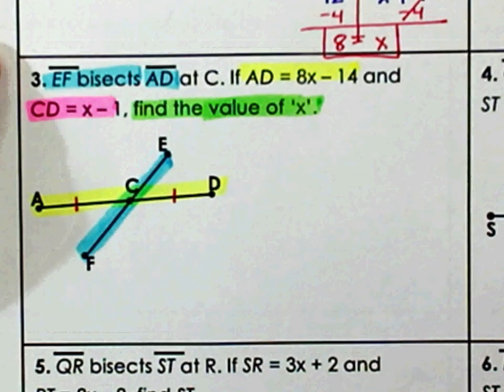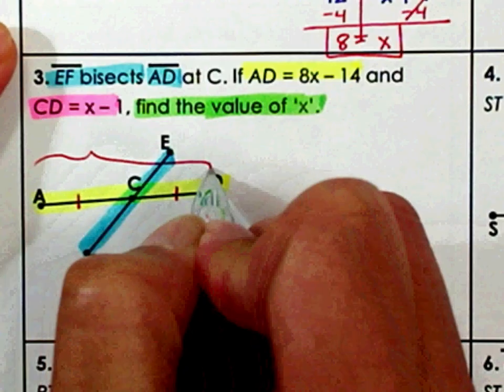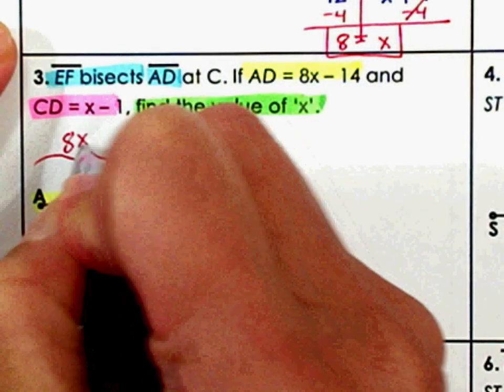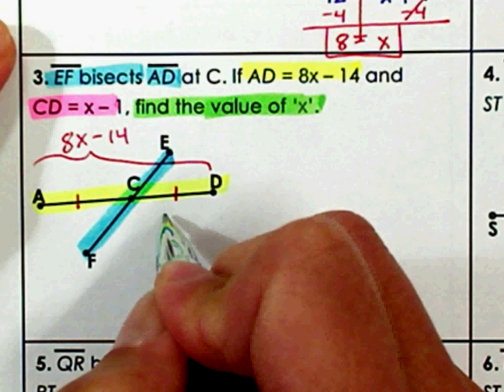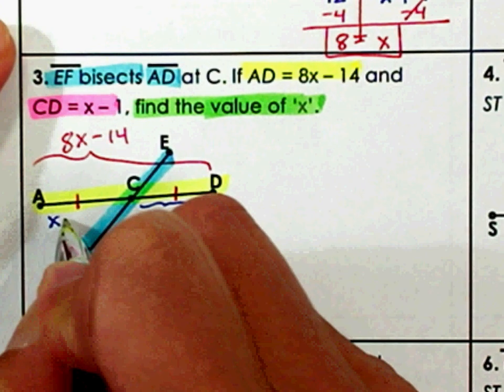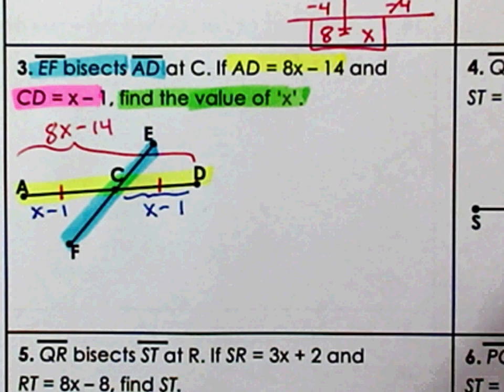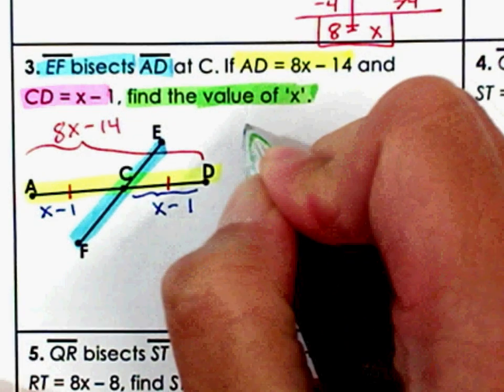All right. So it says here, AD. Where's AD? This whole thing right here is AD, is 8x minus 14. CD is x minus 1. If this is x minus 1, this is also x minus 1. So this kind of goes back to what you learned in the last topic.